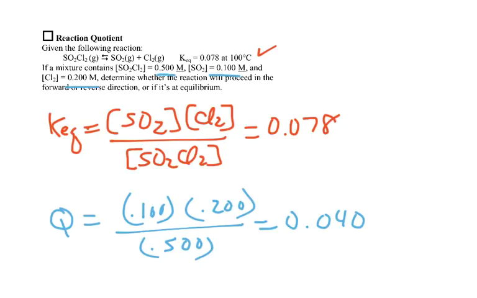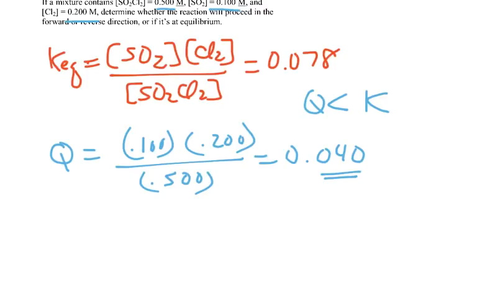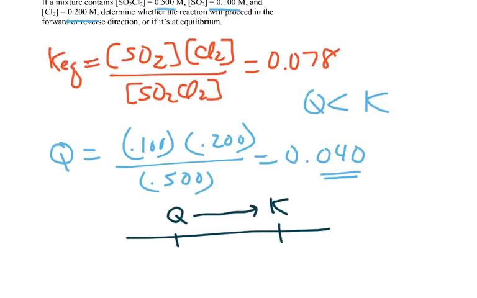So we can see that Q is larger than K. And since Q is larger than K, then we can go back and say, okay, that the reaction is going to react. And here's one way to do it: let's say we have a number line. Here's Q, and K is smaller. So therefore, the reaction is going to have to go in the reverse direction. In other words, our products are going to have to turn into reactants for this reaction to reach equilibrium.